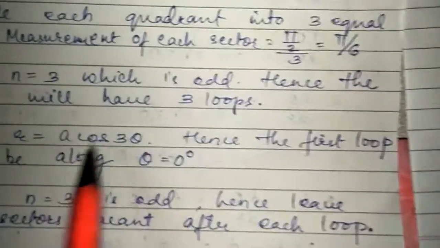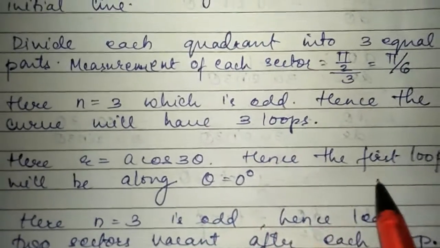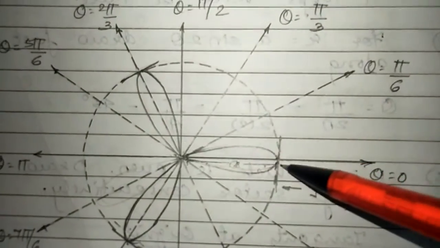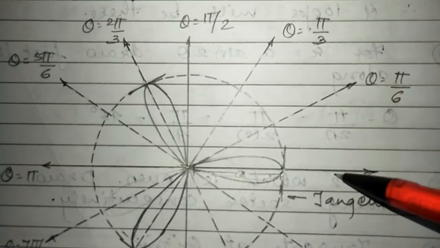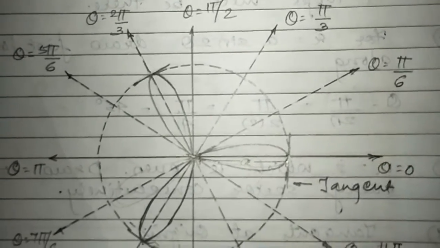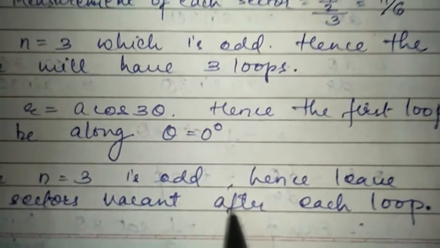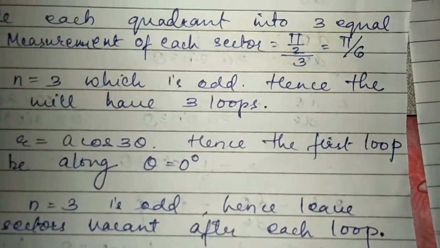Then r is a cos of 3 theta, hence the first loop will be along theta is equal to 0 degree. So while tracing the curve, the first loop is to be drawn along this initial line, that is theta is equal to 0 degree. Then n is odd, hence you have to leave 2 sectors vacant after each loop.